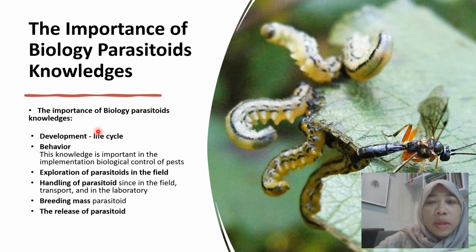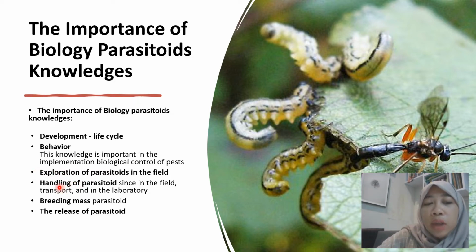And before we can develop the parasitoid in the laboratory, the first one, we should do exploration of the parasitoid in the field. We can explore and find that parasitoid, and then we bring that parasitoid from the field into the laboratory.